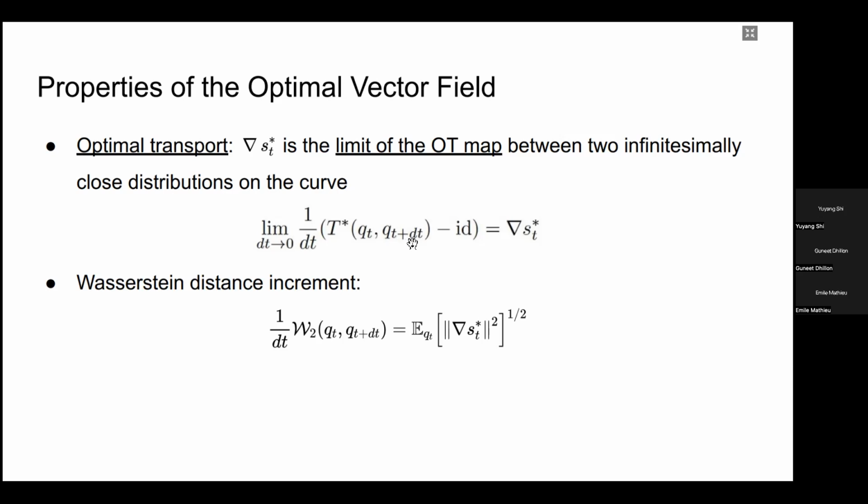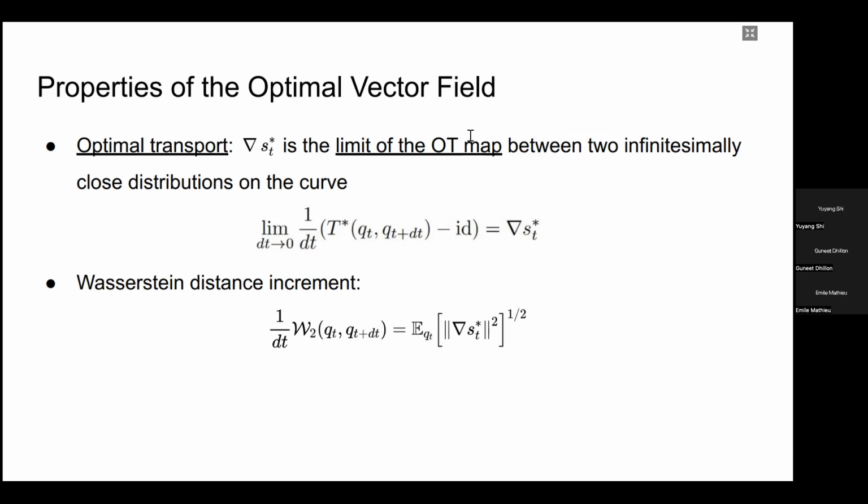So if you subtract the identity and divide by dt, you get pretty much this vector field. So this is the connection to OT in one way.